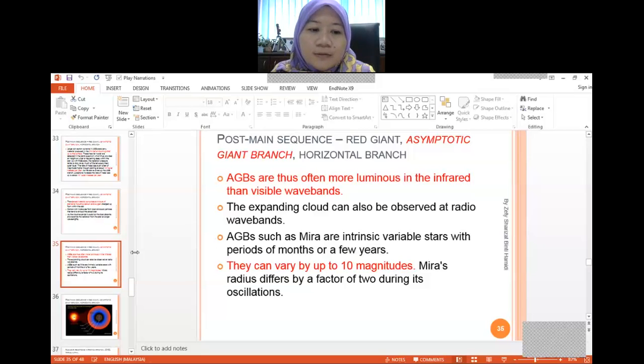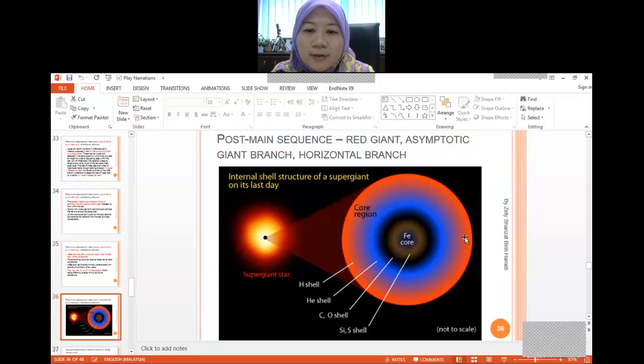This is one of the examples to show what happens inside a supergiant on its last day. In this case, we have iron inside the core, and we also have the sulfur and silicon shell after the core, and also the shell of carbon and oxygen.